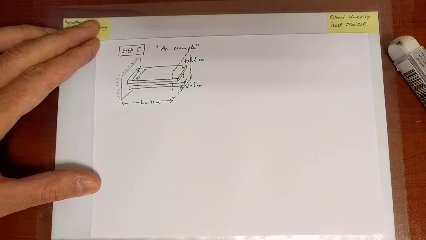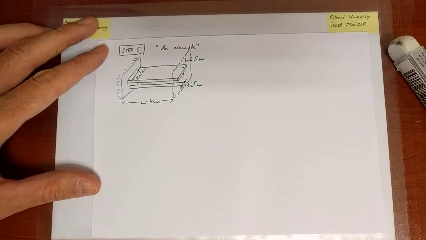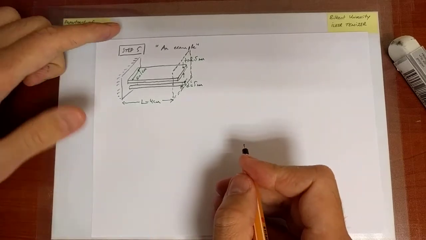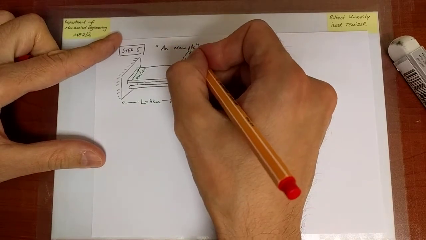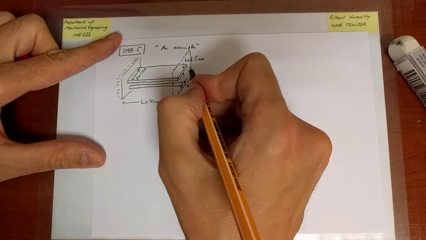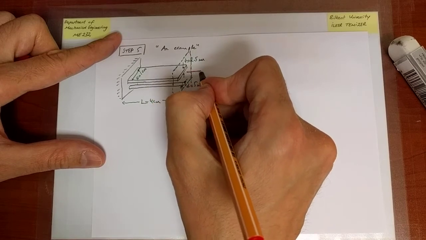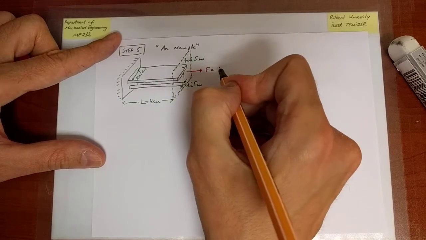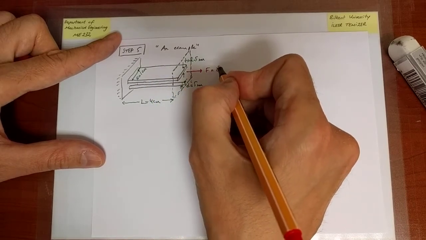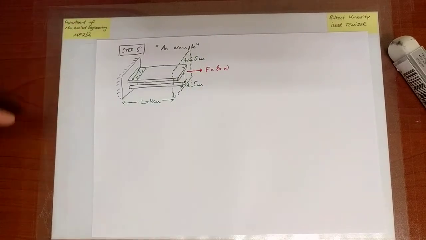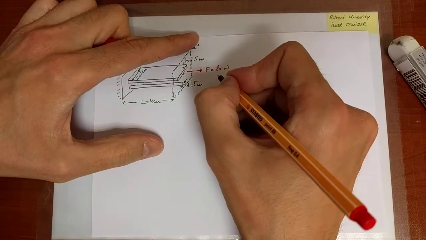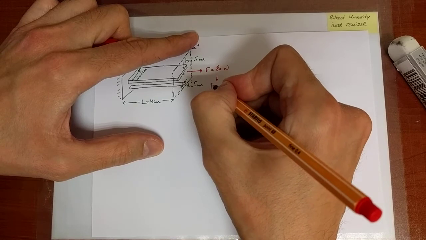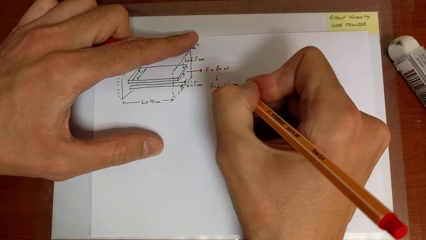And what we are going to do is we are going to load this plate through a force. So this rigid plate is going to be displaced under the action of a force which is equal to 80 newtons. Okay. And the question is, find the change in the length.